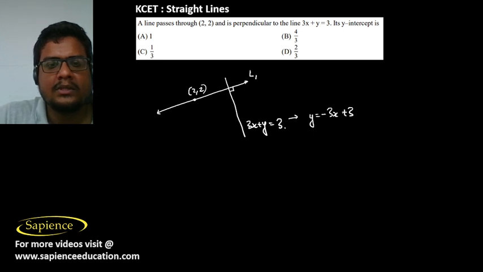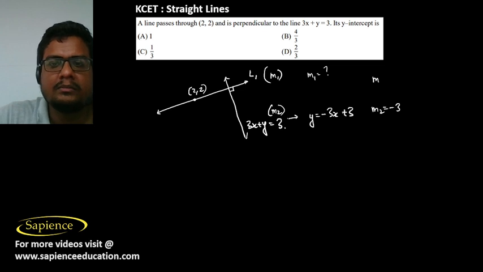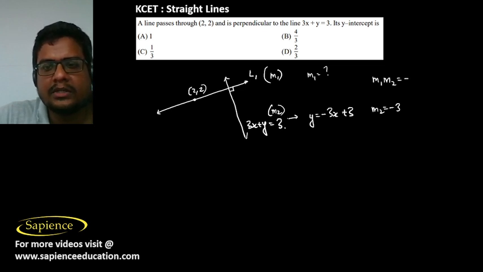So let's suppose the slope of this line L1 is M1 and the slope of L2 is M2, so then M2 will be equal to minus 3. Since these two straight lines are perpendicular, the product of their slopes should be equal to minus 1.